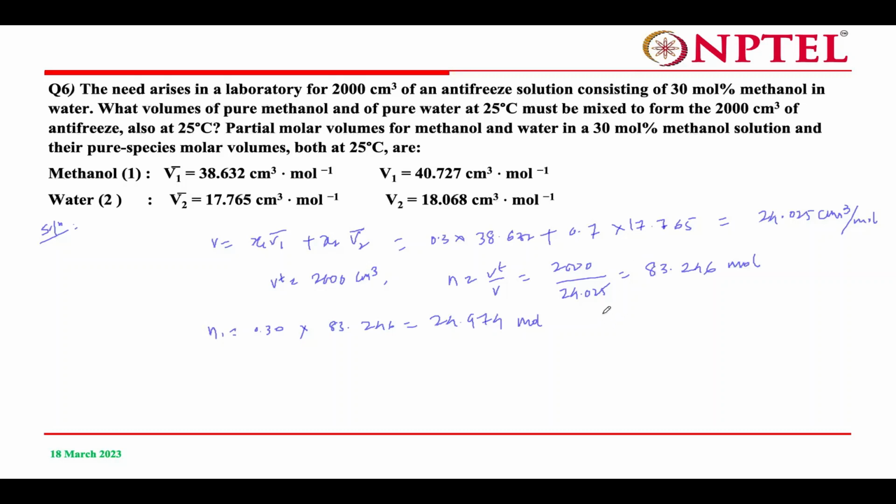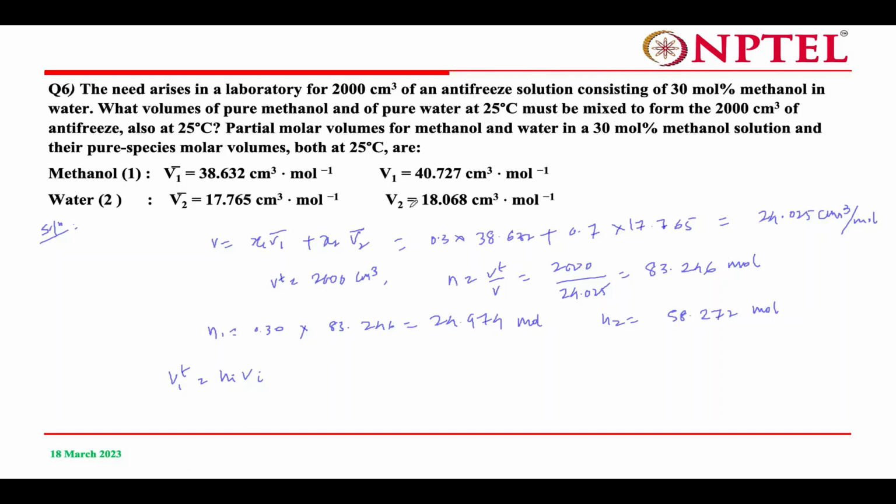Similarly for the water, N2 is 58.272. Now the volume of the pure species is Vt1 equal to N1 V1, right?